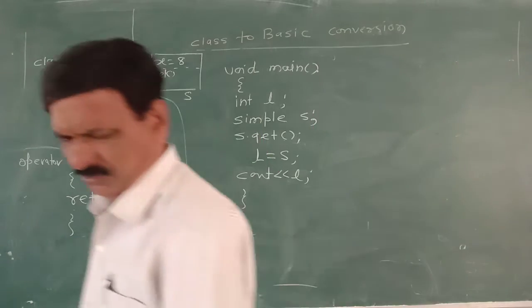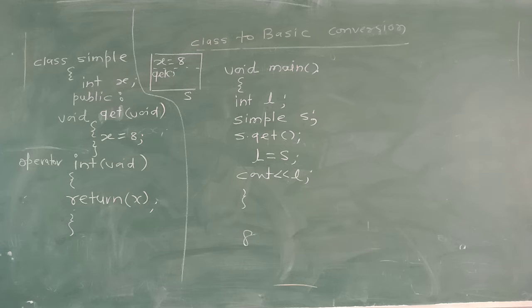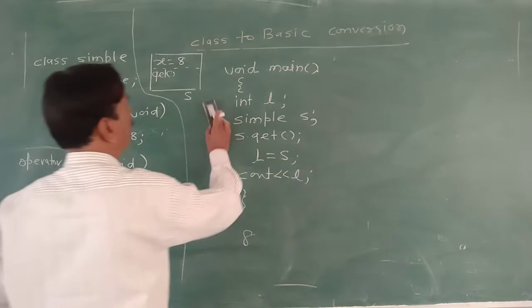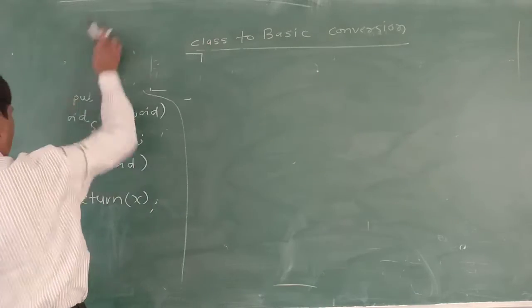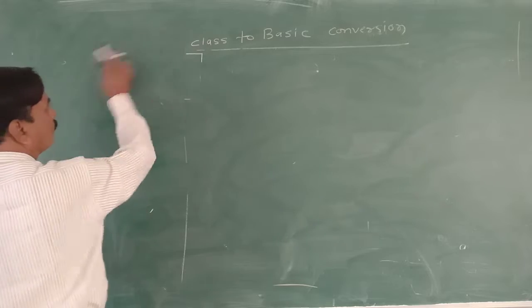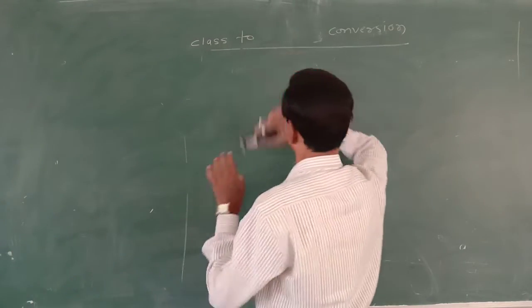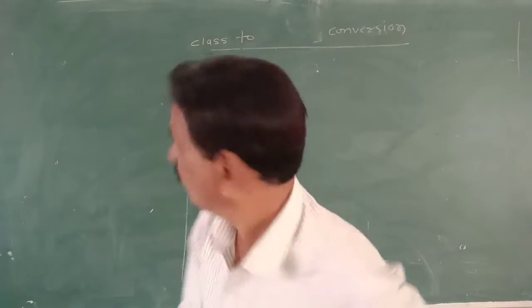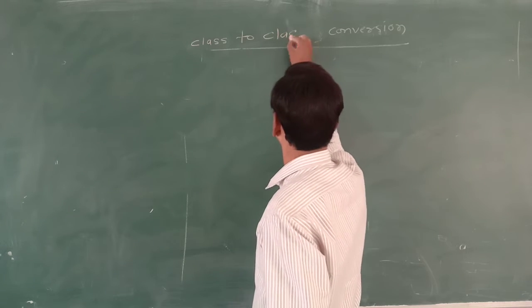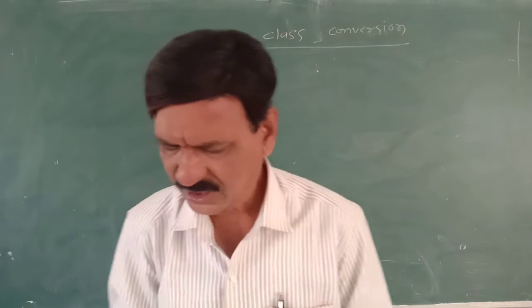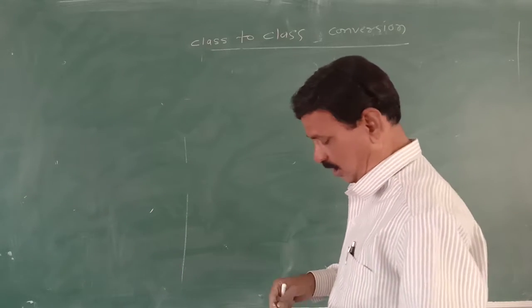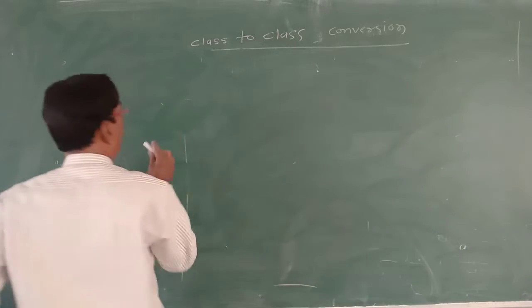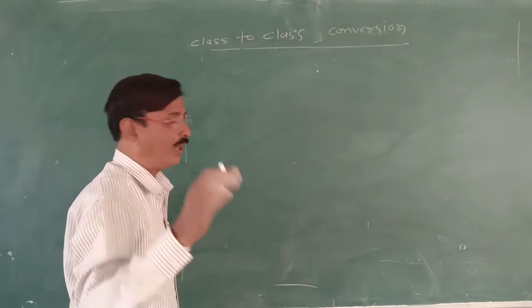Now the third type we are going to see, that is class to class. How should the class to class conversion be performed? Class to class conversion. Let us suppose there are two classes.